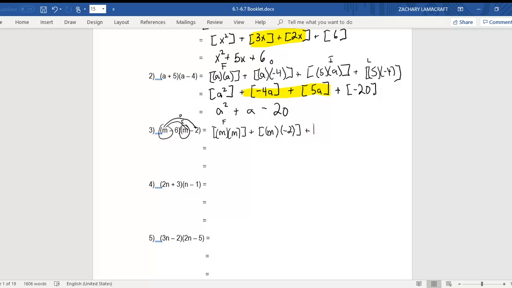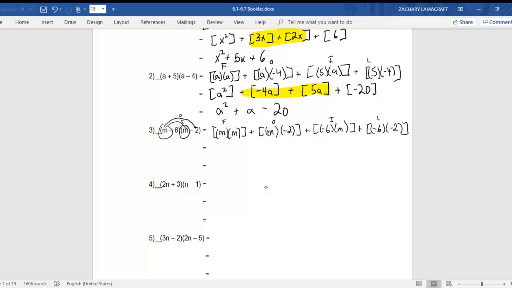Our insides would be -6 and M. And then our lasts would be -6 times -2. Okay.